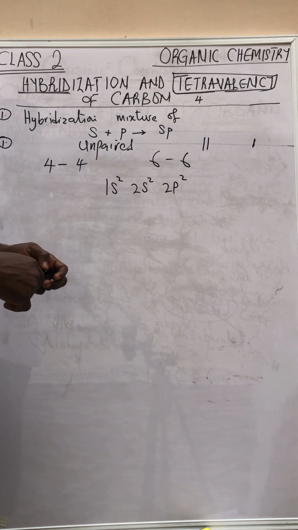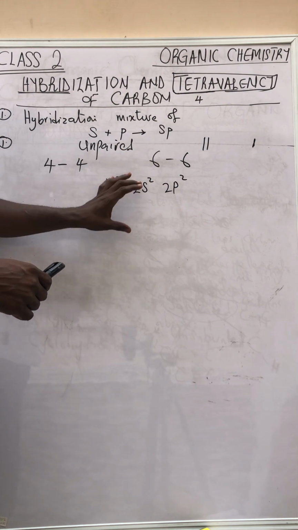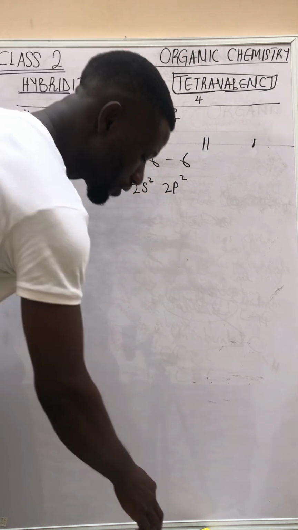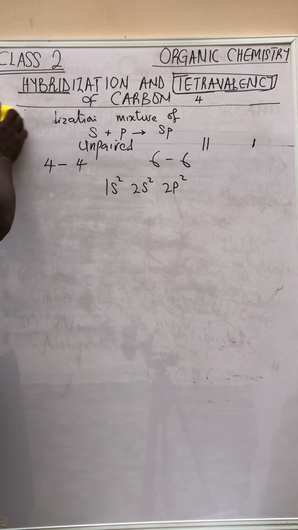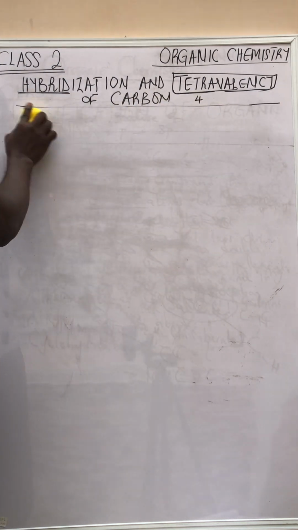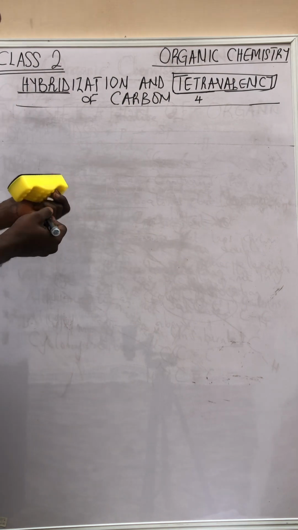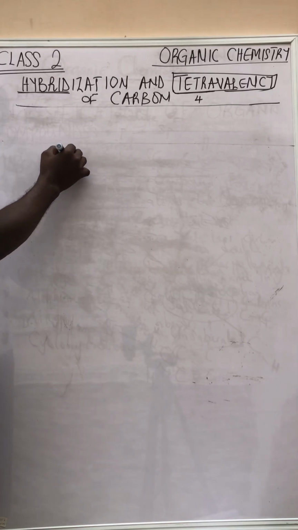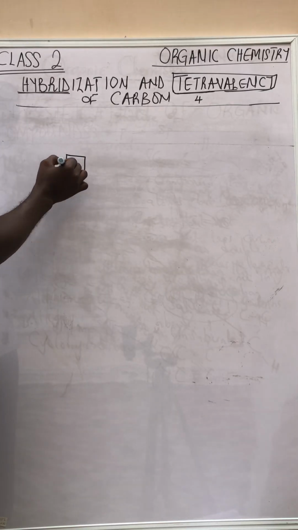Now, if this is the electronic configuration of carbon, let us put it in a sketchy manner so that we have adequate understanding.